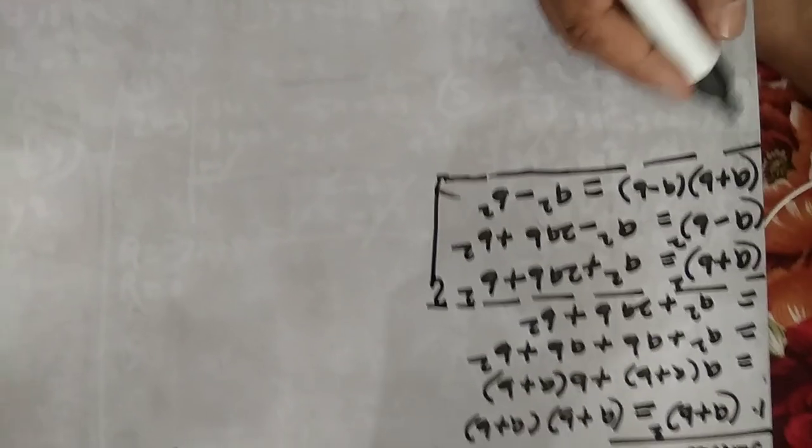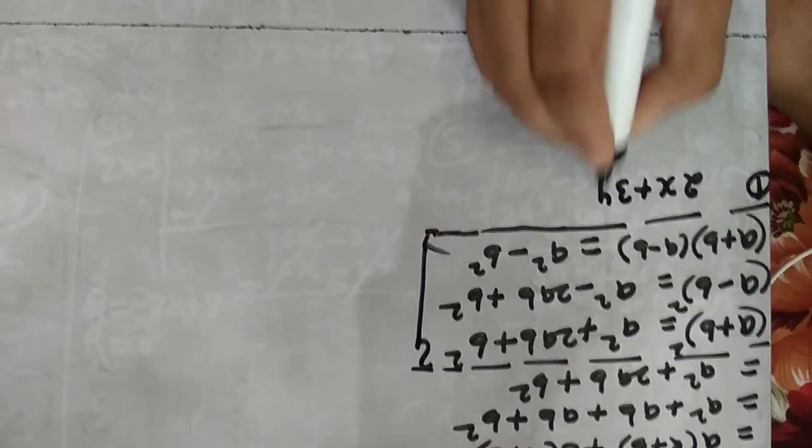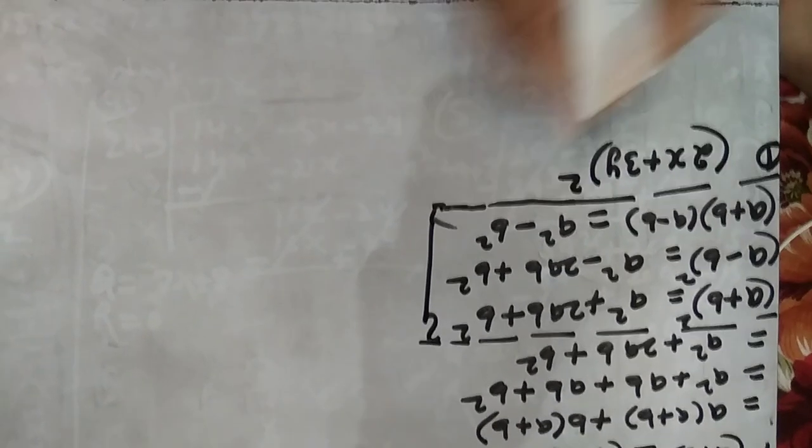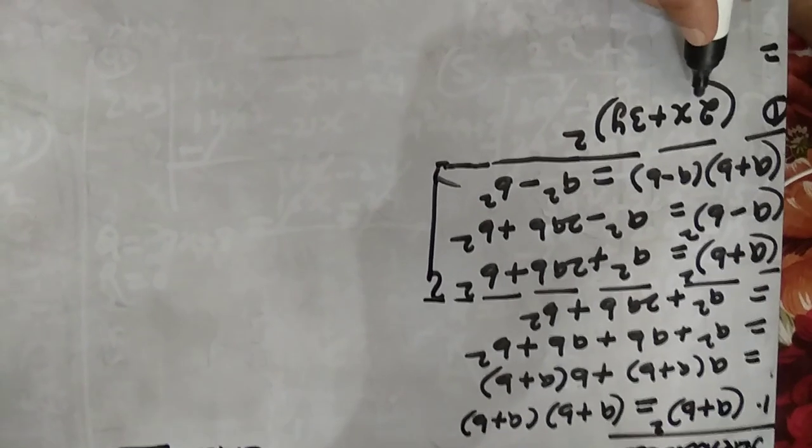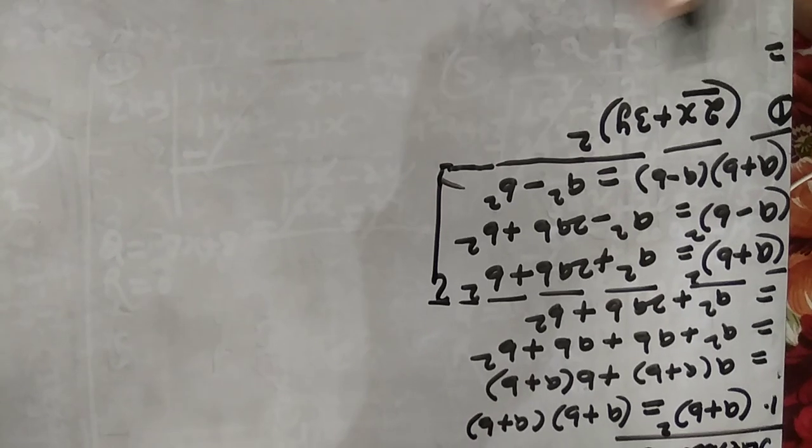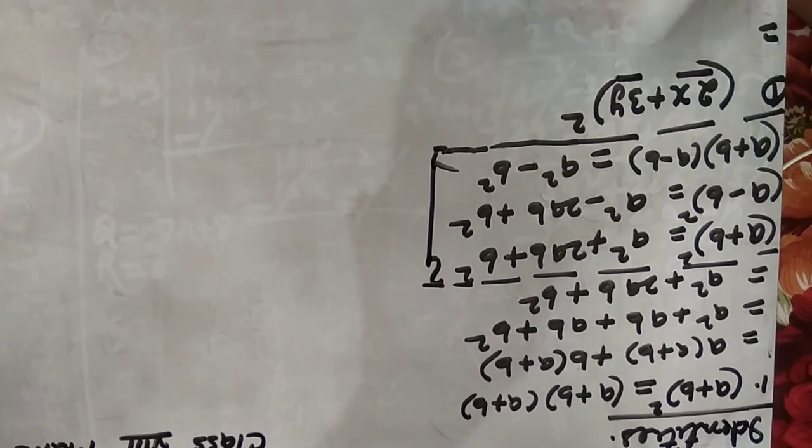Now I am going to take some examples of how to solve the questions using these identities. For example, suppose we have to find out the square of (2x plus 3y). Now 2x is a and 3y is b. Use this identity.